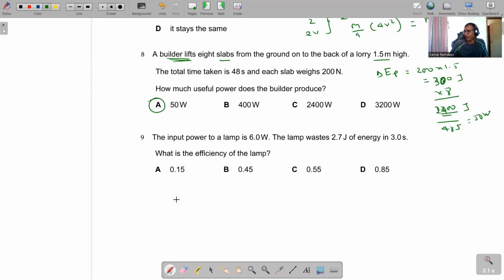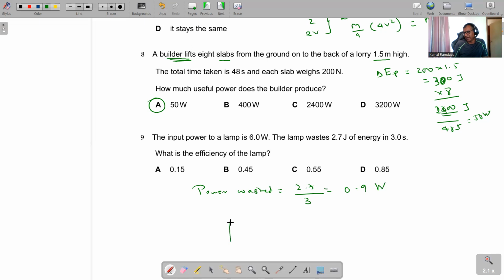The input power to a lamp is 6 watts. The lamp wastes 2.7 joules of energy in 3.0 seconds. What is the efficiency of the lamp? Well, the wasted power is 2.7 divided by 3, which gives 0.9 watts.